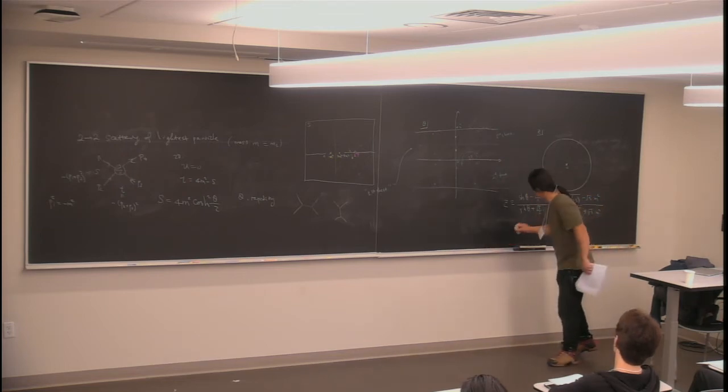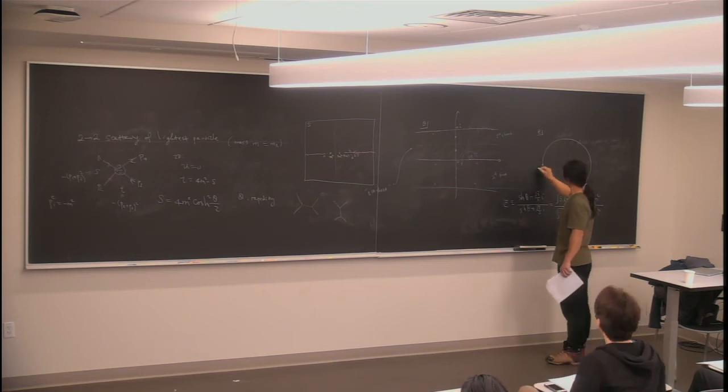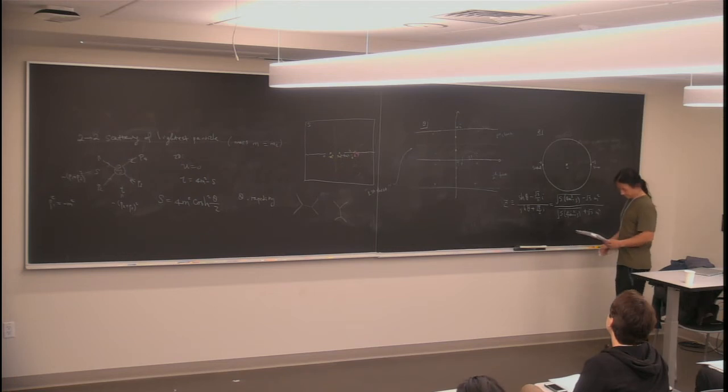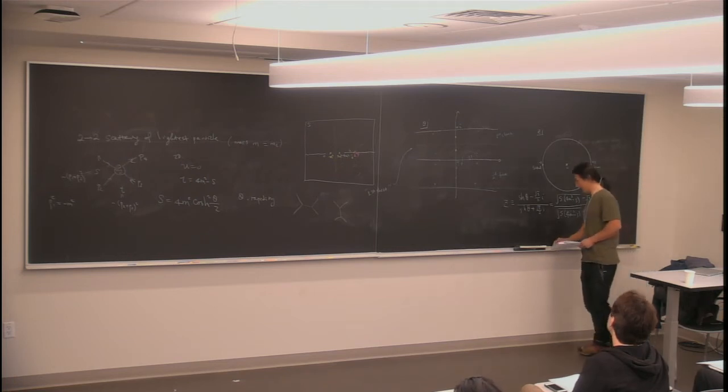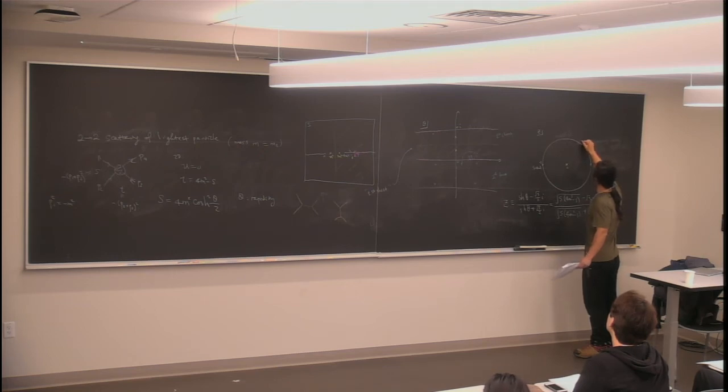The way I define this map is such that the elastic threshold s equals 4m squared is mapped to z equals -1. And the infinite energy limit corresponds to z equals +1. And the inelastic threshold will turn out to be somewhere here.